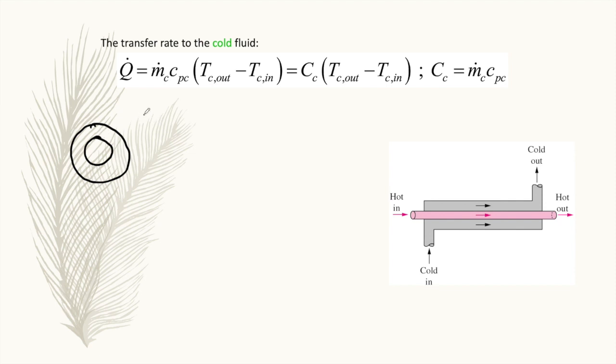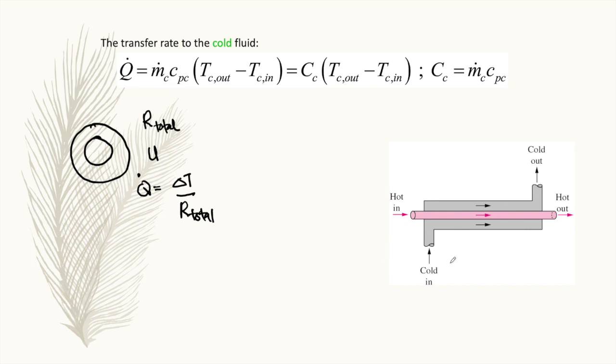By using the R total, and maybe the overall heat transfer coefficient, you determine Q dot. Q dot is delta T over R total. So what is the difference between these equations? This equation calculates the amount of energy being transferred from the hot fluid by considering the increase of temperature from the cold in to the cold out.